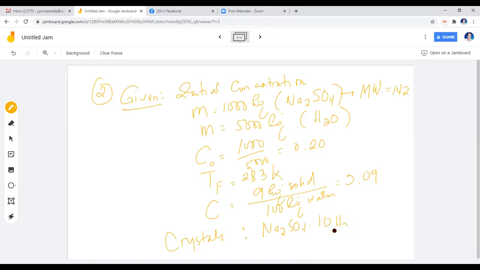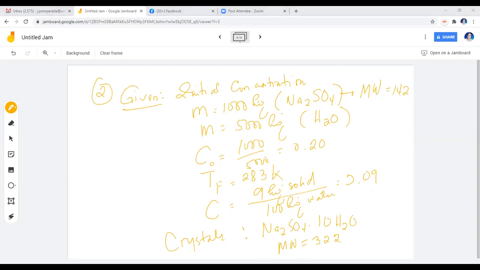So it's already hydrated. This is the anhydrous salt. This is the hydrated salt. So the molecular weight of this is given to be 322.